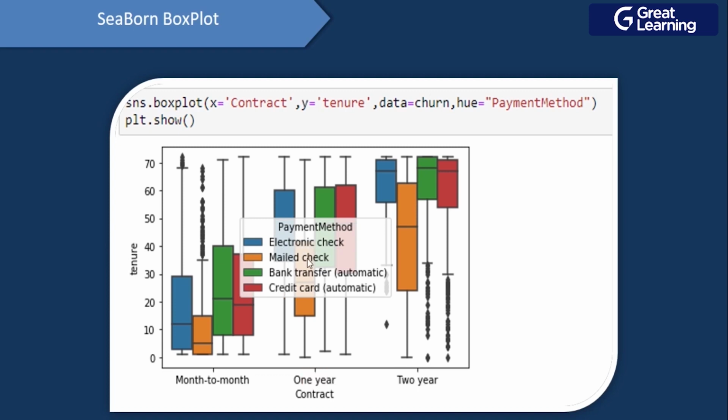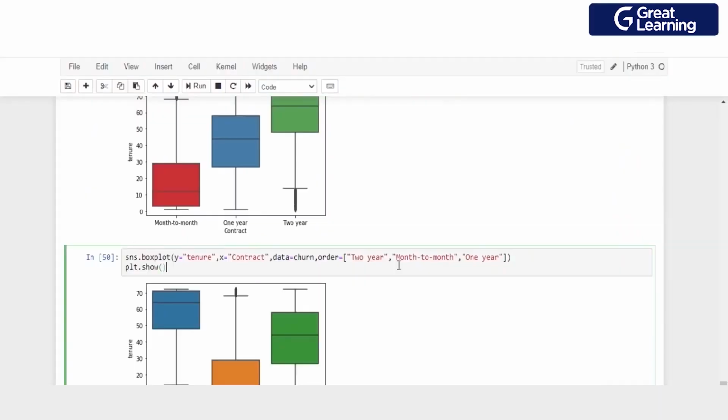I have electronic check, mail check, bank transfer, and credit card. So wherever the color of the box is purple or dark blue, that denotes electronic check. Then we have the box where the color is orange, that would denote mail check. And if the color of the box is green, that would denote bank transfer. And if the color of the box is red, that would denote credit card.